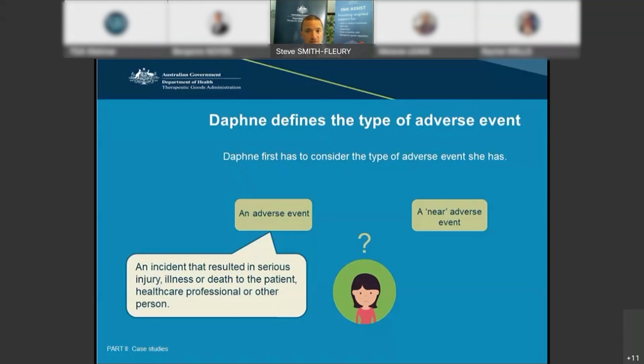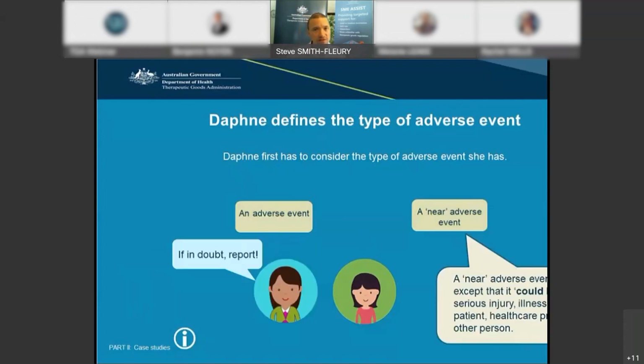And an event involving a medical device does not have to involve a patient or user. This doesn't exclude it from being reported. Now, an adverse event is an incident that results in serious injury, illness, or death to a patient, healthcare professional, or any other person, as we discussed earlier.